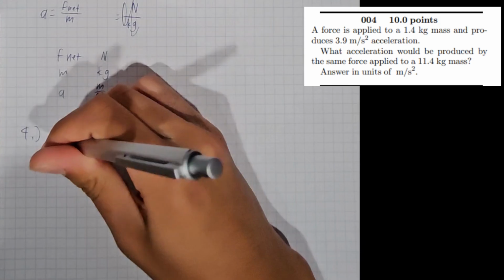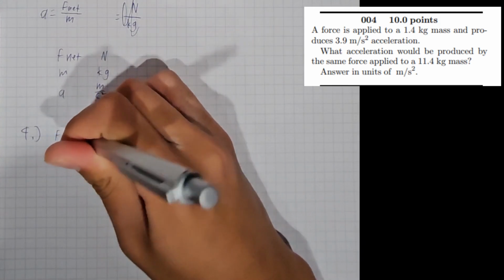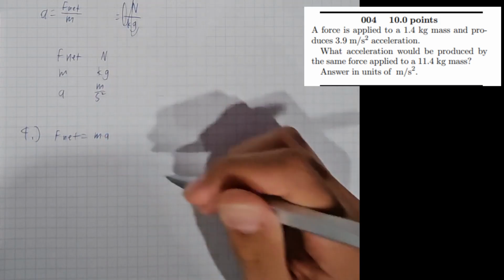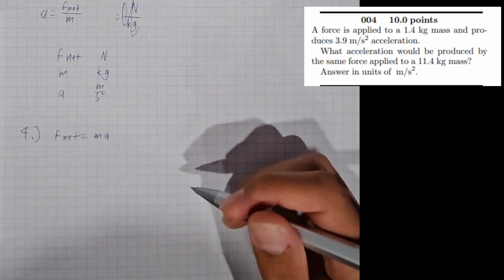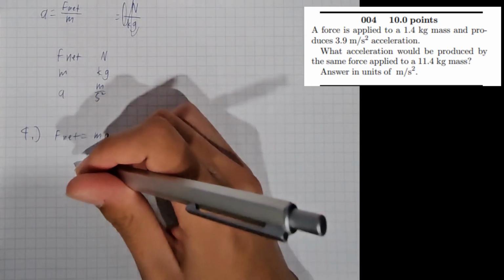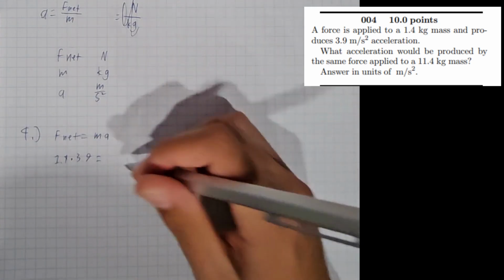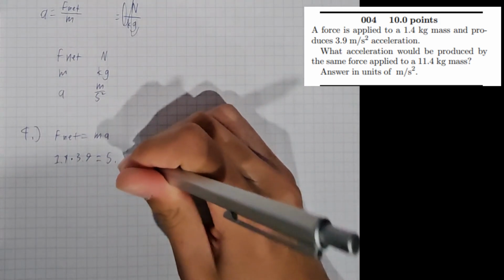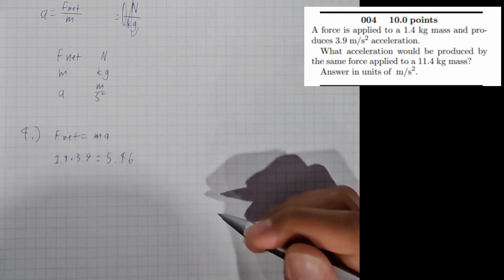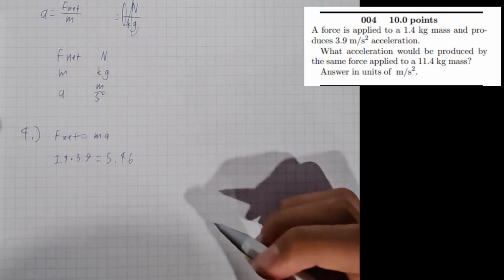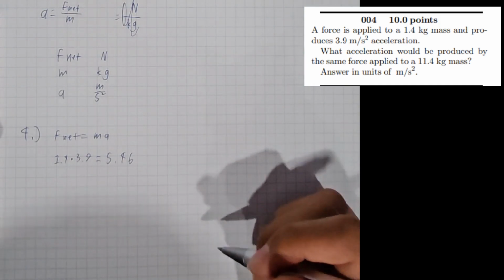So force is equal to mass times acceleration. For me, I'm going to fill these in and say that 1.4 times 3.9 is equal to 5.46.